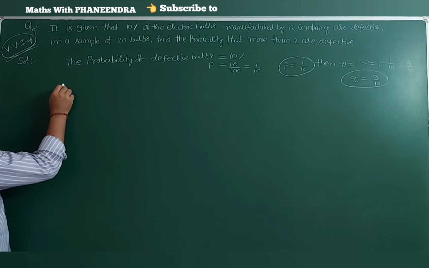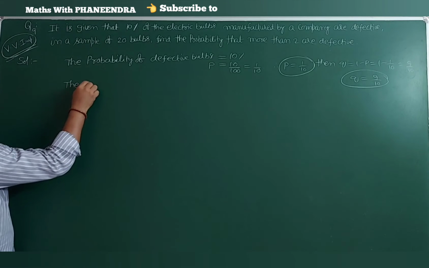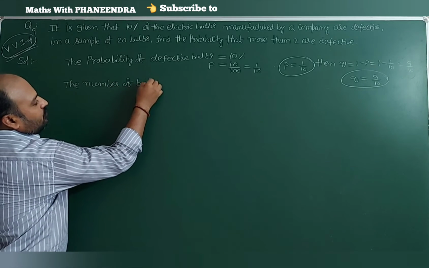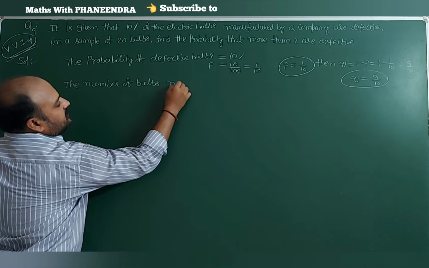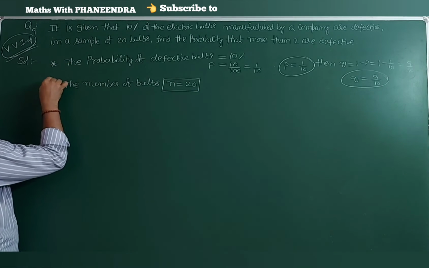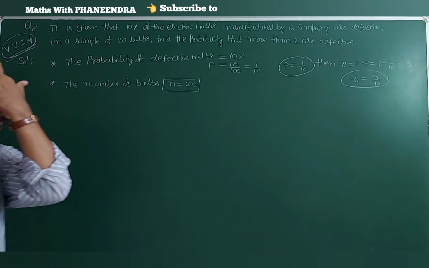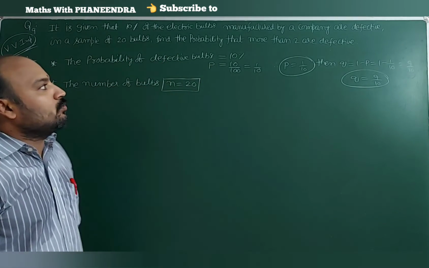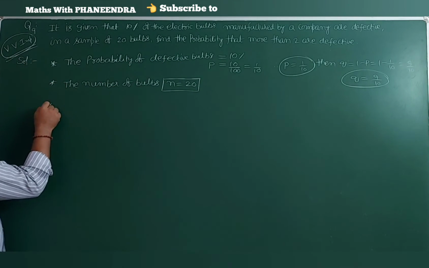Next, the number of bulbs N is equal to 20. So they are asking, find the probability that more than 2 are defective.